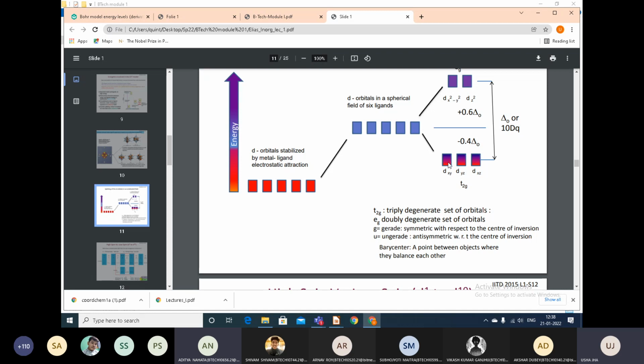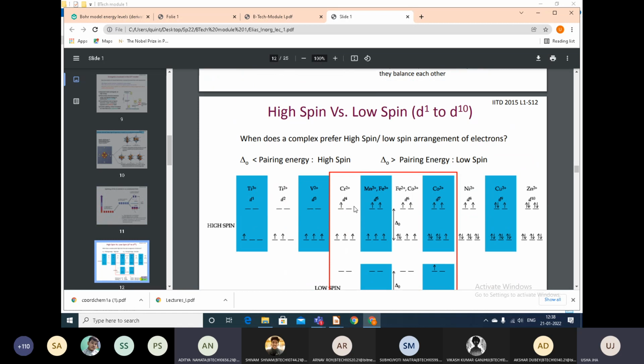So depending upon the type of ligand, which decides the delta O value, known as the crystal field stabilization energy, the electron will move into this orbital or that orbital.